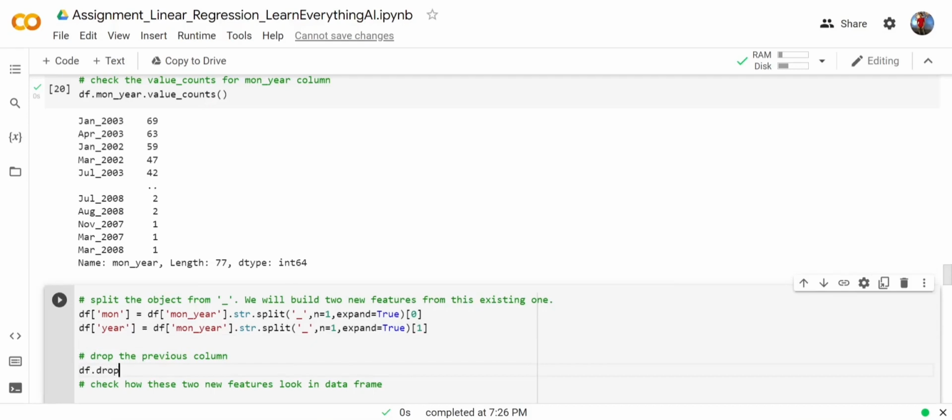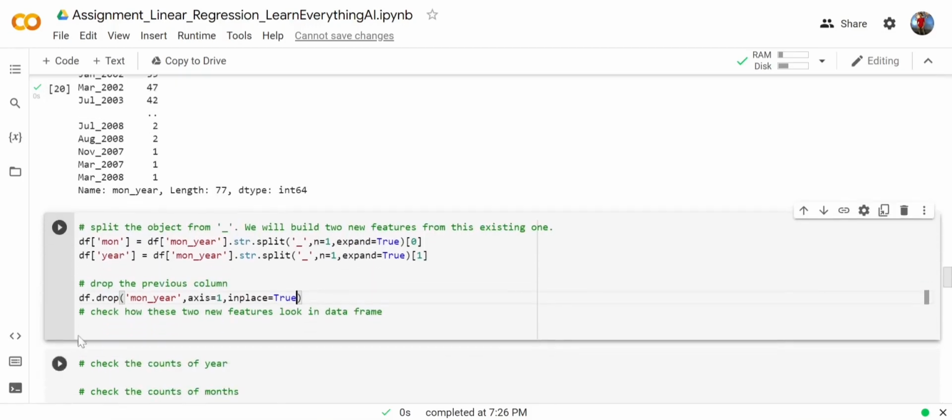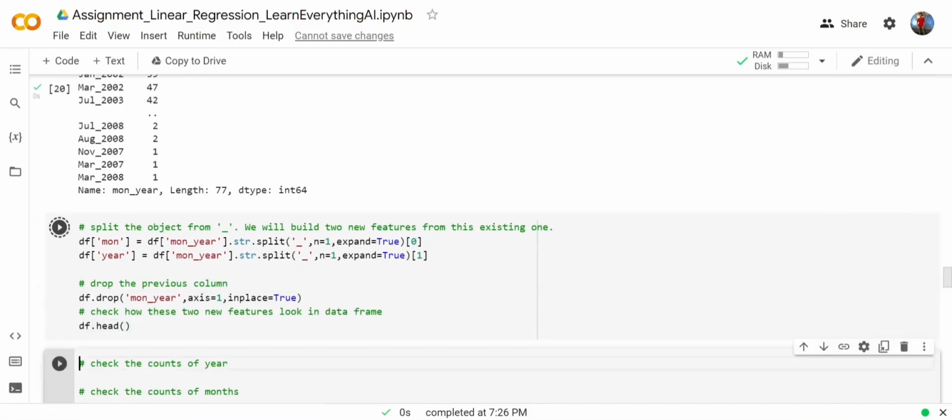And now that we have created these two features, we will drop this column that is of no use to us, and we will specify it by saying we want to drop the column and fill its place using inplace equal to true. And let us now just see how these new features look.